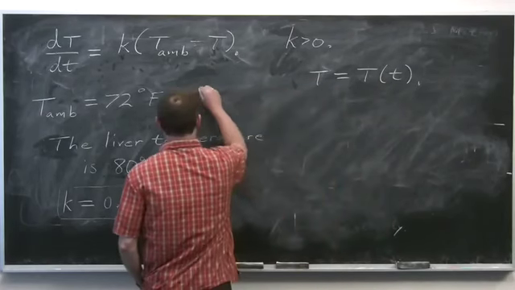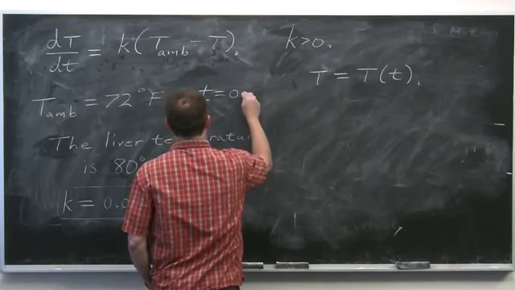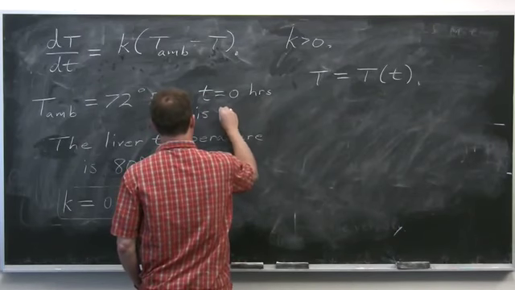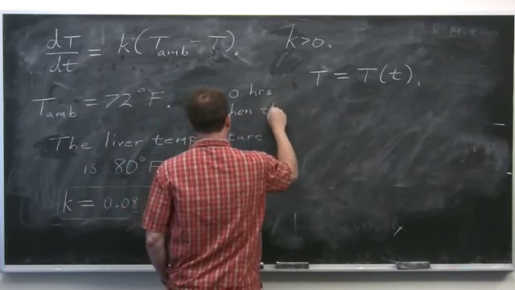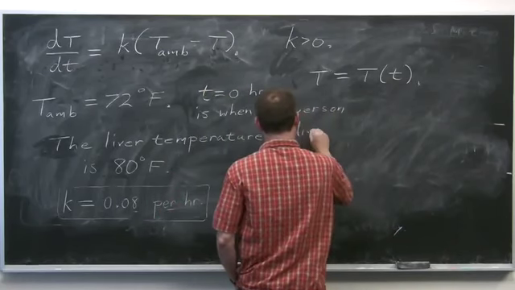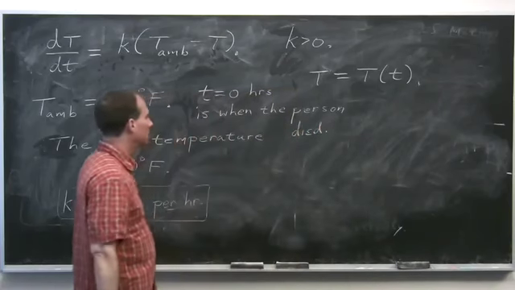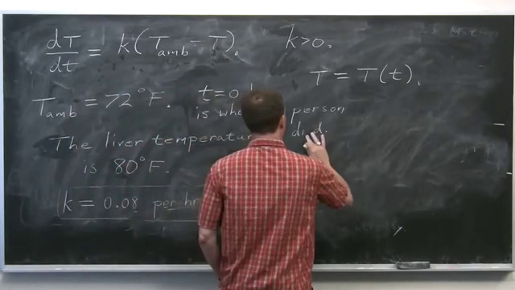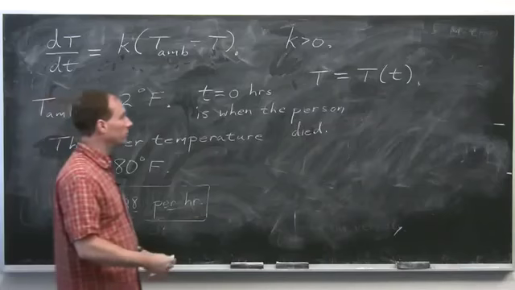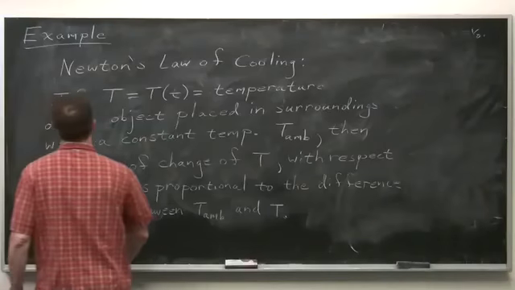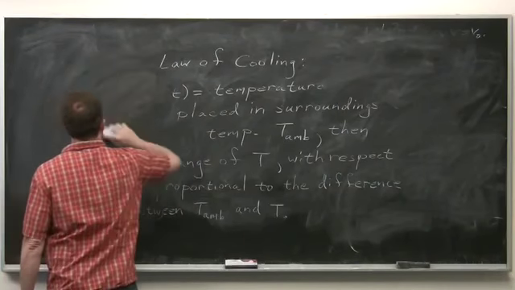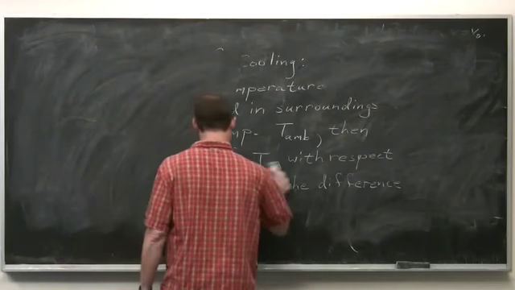We'll say t equals 0 hours is when the person died. So we're trying to figure out how many hours have gone by if the liver temperature is 80 degrees Fahrenheit. So you plug in some numbers and you solve the differential equation. You put in that capital T is 80 degrees Fahrenheit, and you solve for little t, the number of hours.